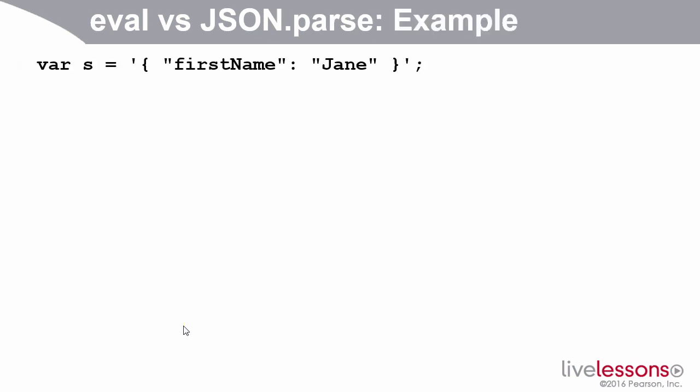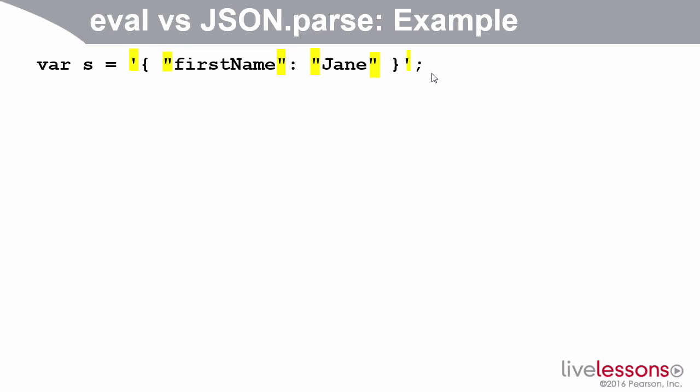Okay, so here's a quick example. I made a string that contains an object literal inside the string, and it follows the rules of strict JSON. The property name is enclosed in quotes, and the value that's a string uses double quotes, not single quotes.